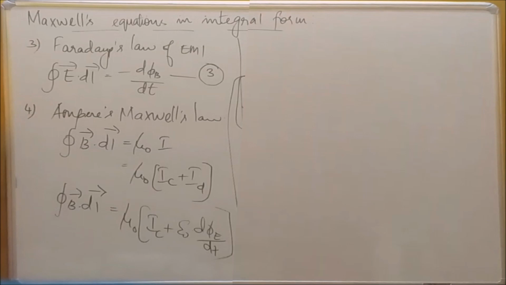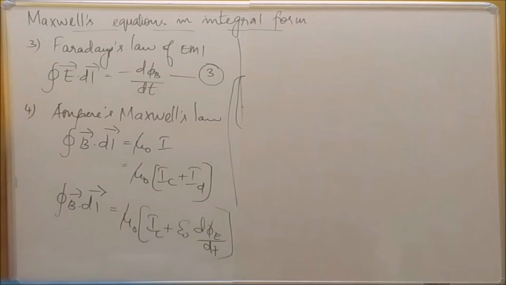So mu naught into I C plus I D. We know the displacement current equation, I D is epsilon naught into d phi E by dt.